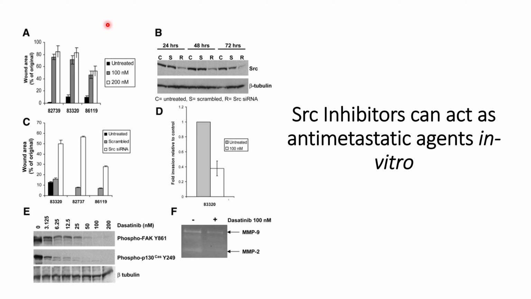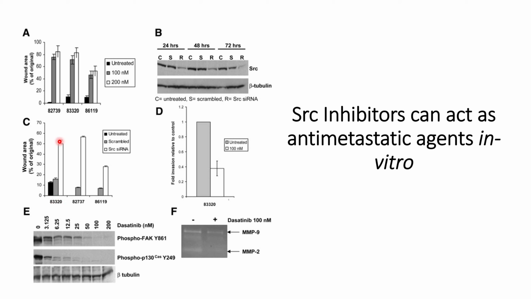In order to validate this hypothesis, they first inhibited SRC using silencing RNAs that target SRC, and they see suppression of SRC at around 72 hours of continuous treatment with these silencing RNAs. This is the condition they decided to use to check the migration assay, or the wound healing area.